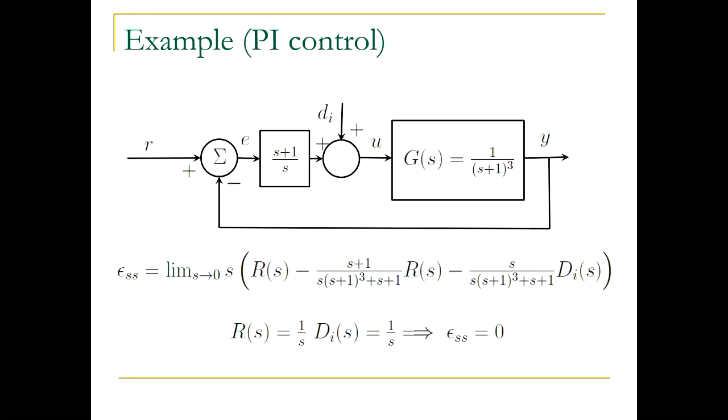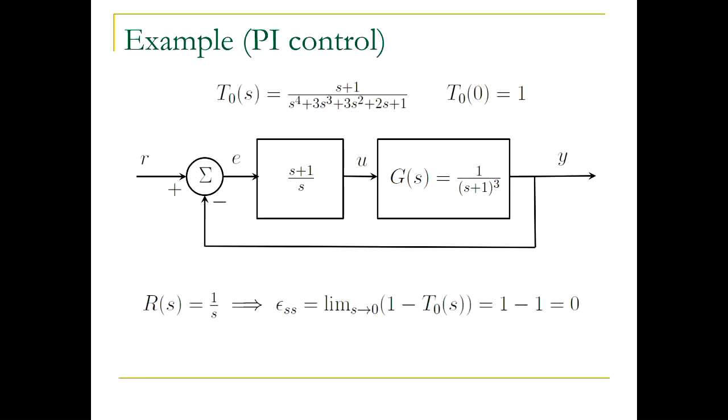Yeah. So let's go back to this example. Suppose that the model was (S plus 1) to the power 3 in the denominator. That's the model of the plant. I designed this controller so that this model is stabilized.